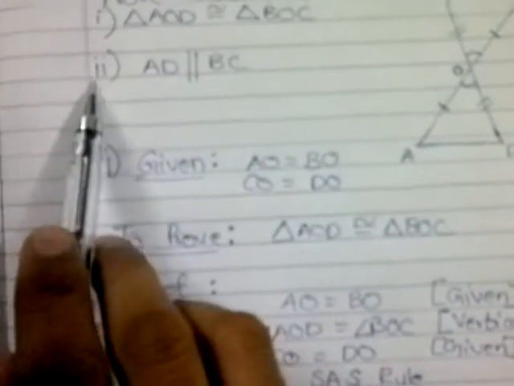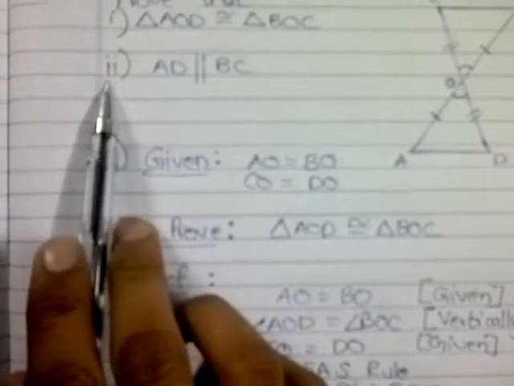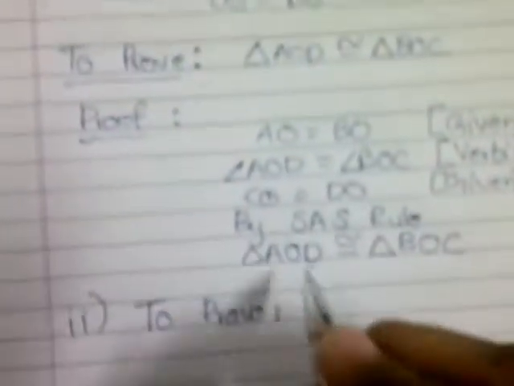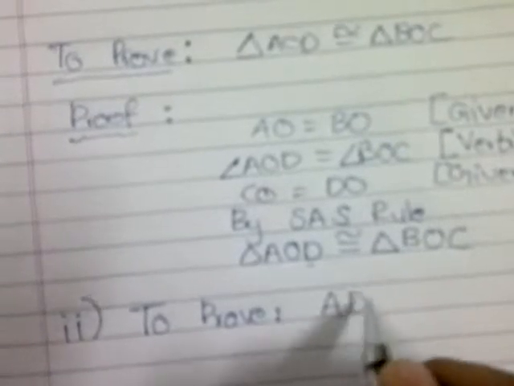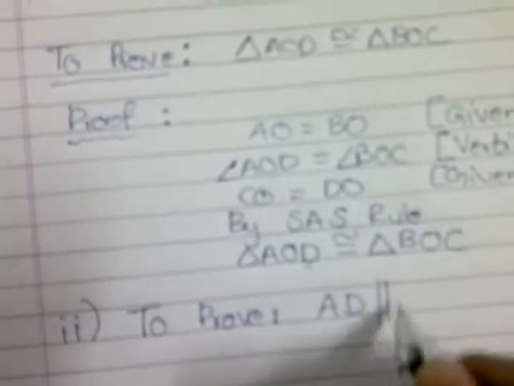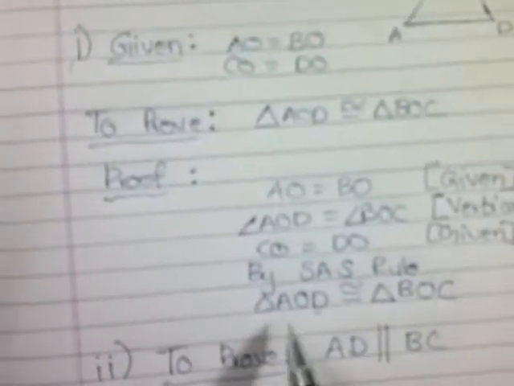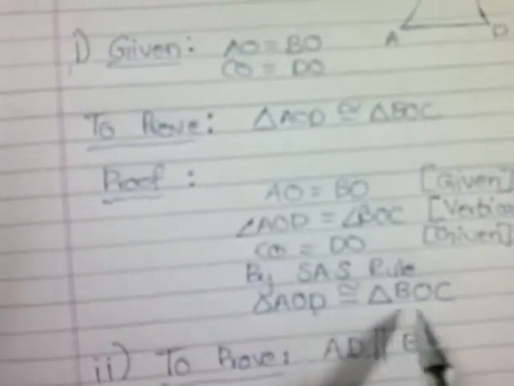Now let us come to the second proof. The second proof involves more of lines and angles. It's pretty simple. To prove, what do we have to prove? We have to prove that AD is parallel to BC. This is the sign for is parallel to. We have already proved that triangle AOD is congruent to triangle BOC.